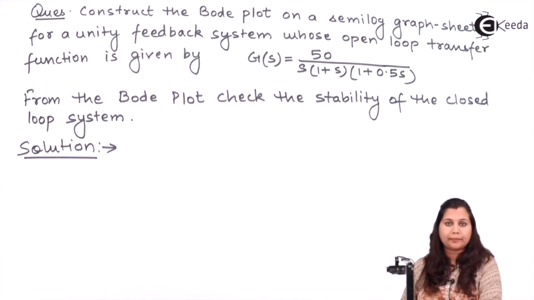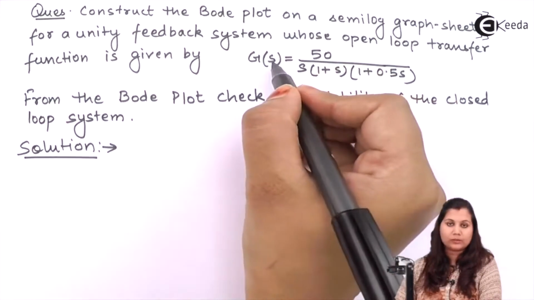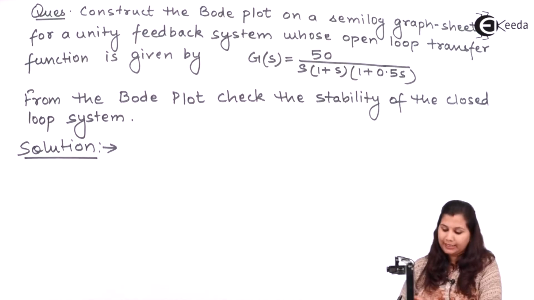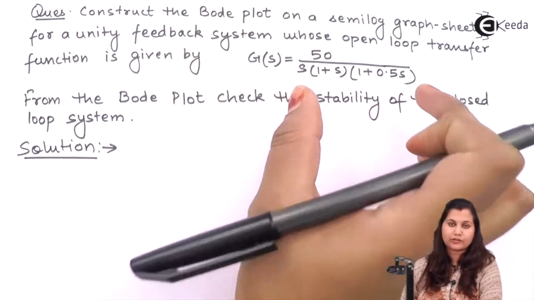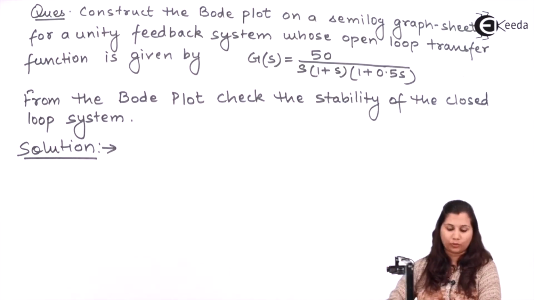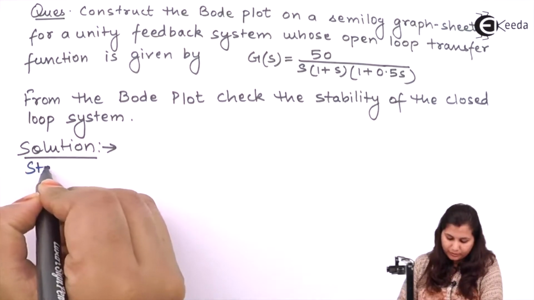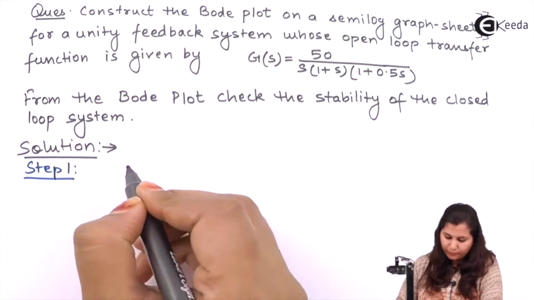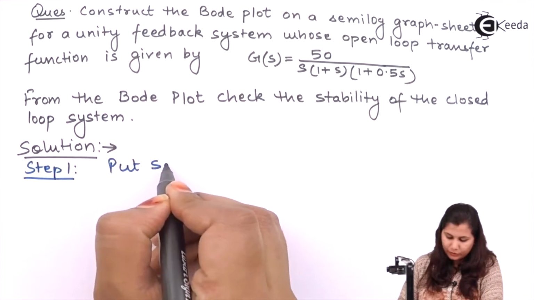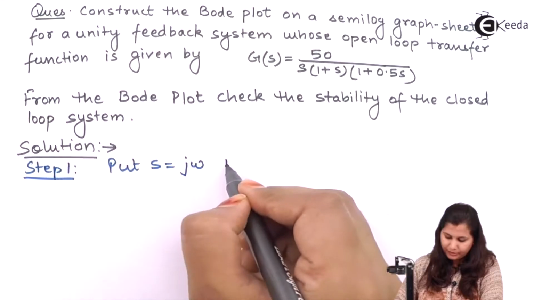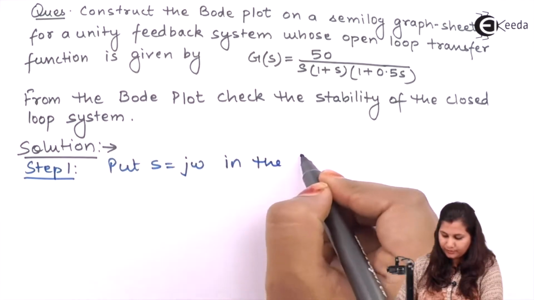So the first step to construct the Bode plot is to put s equals to j omega, that is, convert this transfer function into the frequency domain. So step number 1 is to put s equals to j omega in the transfer function.